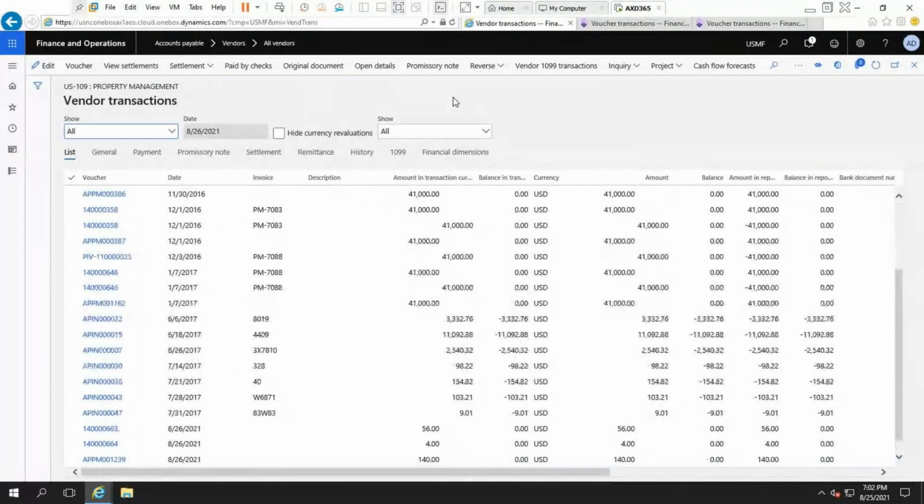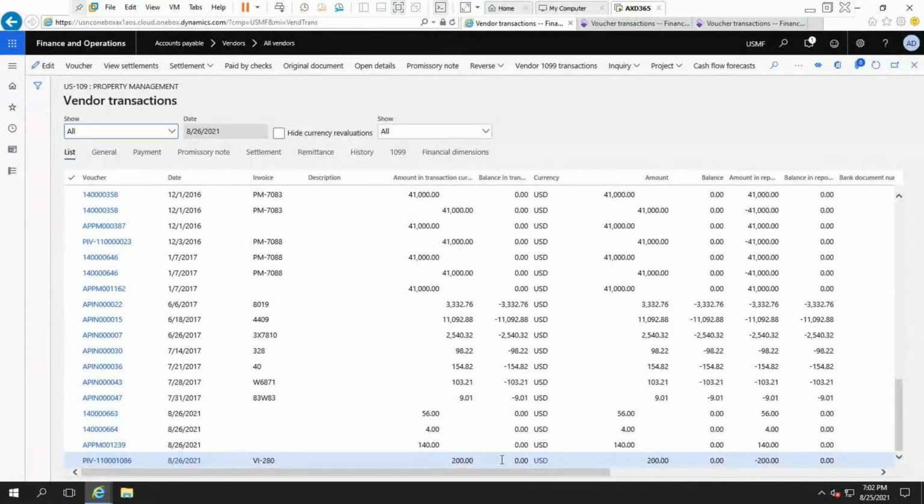Look at this one in the last transactions. 200 is the invoice, 140 is the payment, $4 is the discount, $56 is the withholding tax. All together it is 0. Clear? Any doubt in this? Okay.